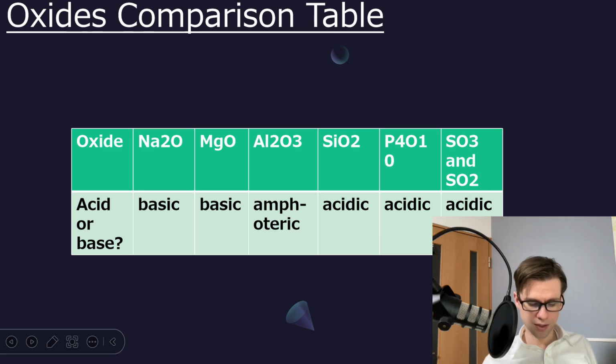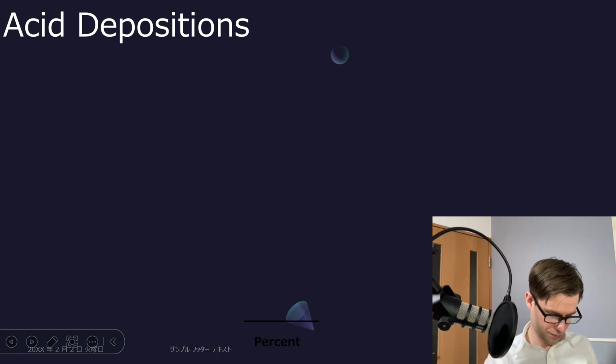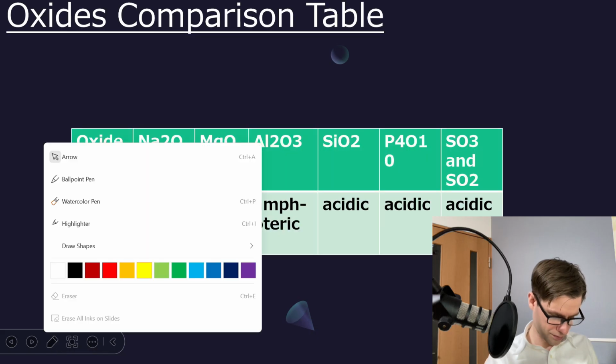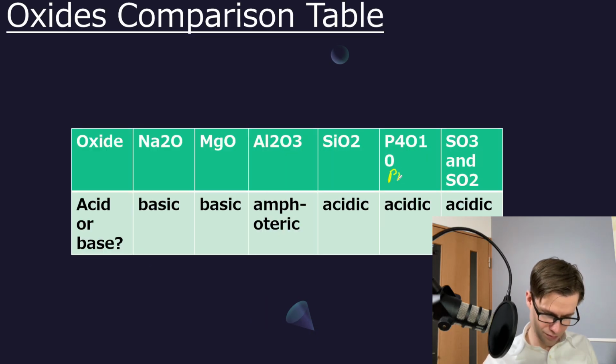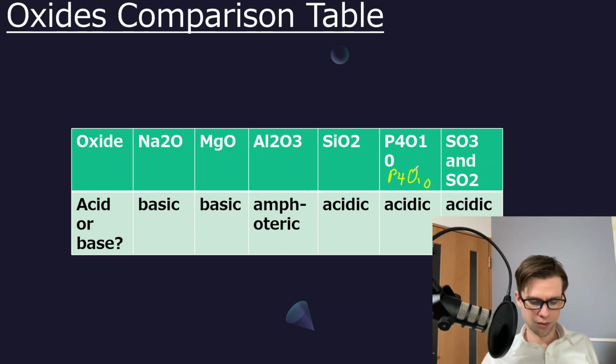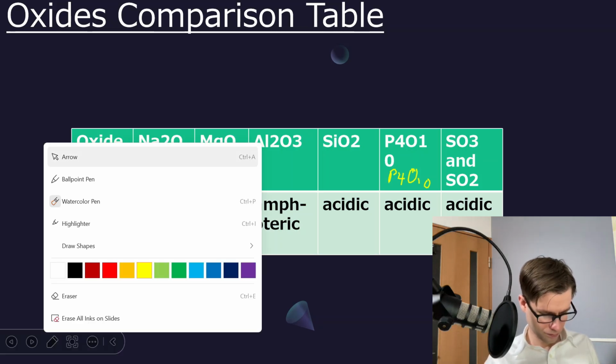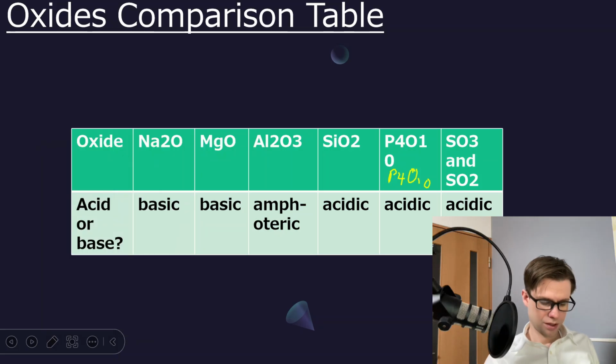SiO2, though, acidic. P4O10, I showed on a previous slide, that will be acidic. SO3 and SO2, also acidic. So it is another periodic trend that we can learn as we go through a period left to right. We get more acidic solutions when metal or nonmetal oxides are dissolved in water.